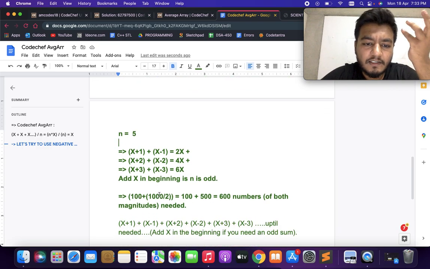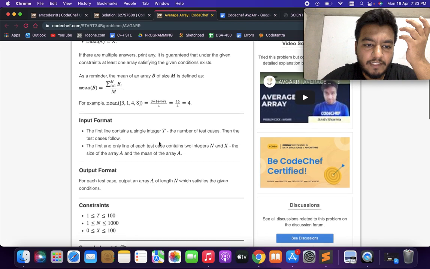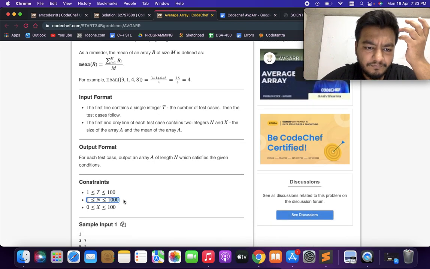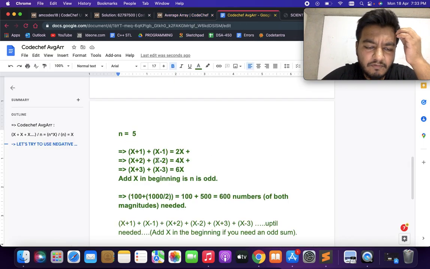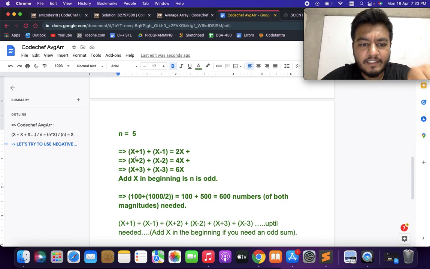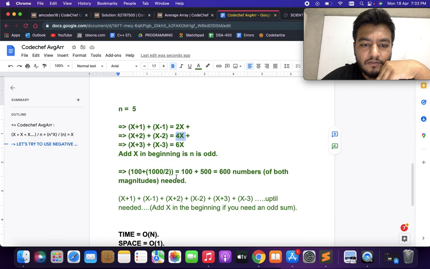Why this works is that n is at most 1,000, and you will be putting x plus 1, x minus 1, x plus 2, x minus 2. If you want to produce 4x, you will need 4 steps: x plus 1, x minus 1, x plus 2, x minus 2. If you need 6x, then you will need numbers up to x plus 1, x minus 1, x plus 2, x minus 2, x plus 3, x minus 3.